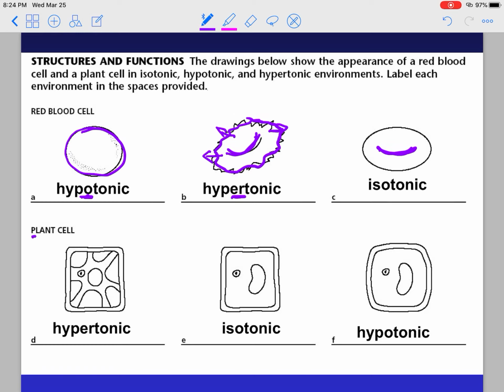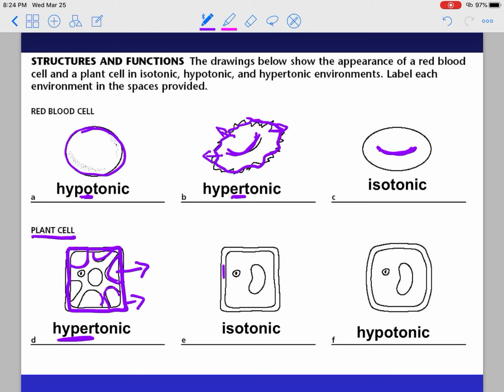Now, the plant cell is just a little bit different because it has the cell wall. And so that helps it to keep its shape a little bit more. But this is where like the cytoplasm has kind of pulled away from the sides. And so the water has actually gotten pulled out of these cells, which makes it a hypertonic solution.